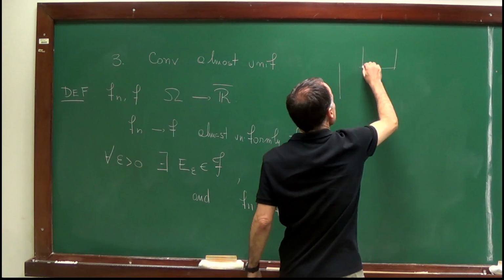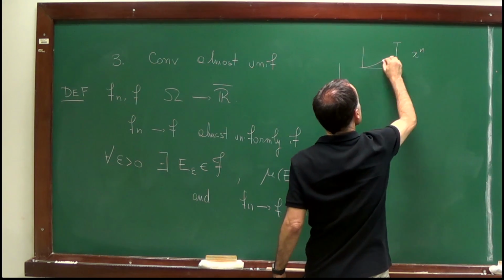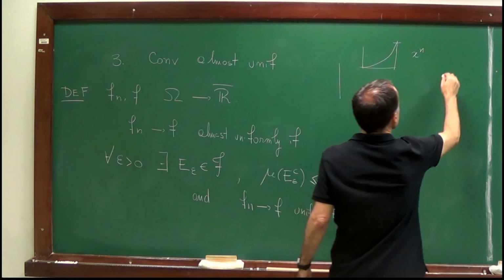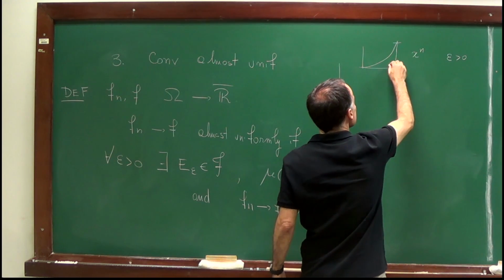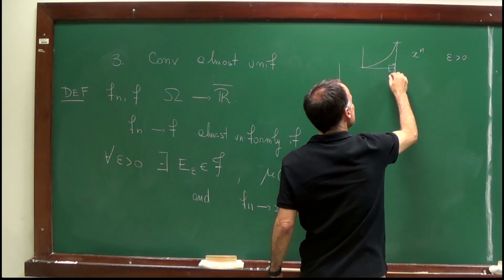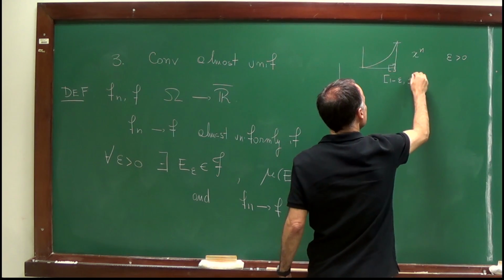So again, let's consider the functions x to the power n. Now if you fix an epsilon positive, I can just remove from my set the interval 1 minus epsilon, 1.